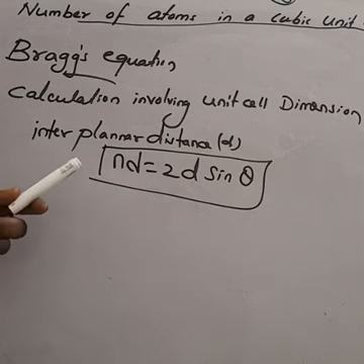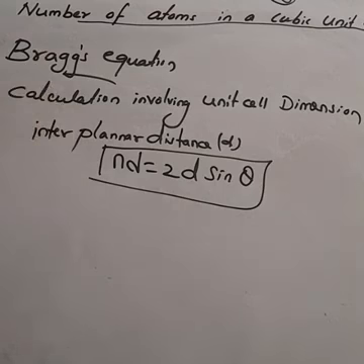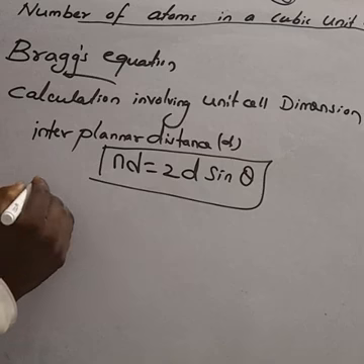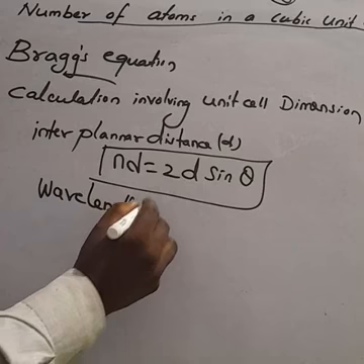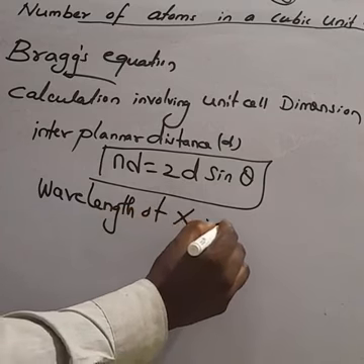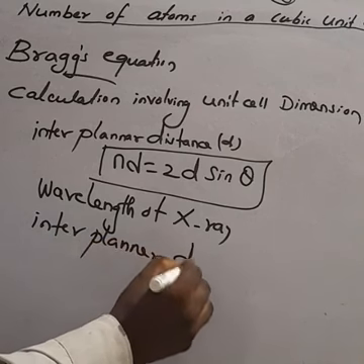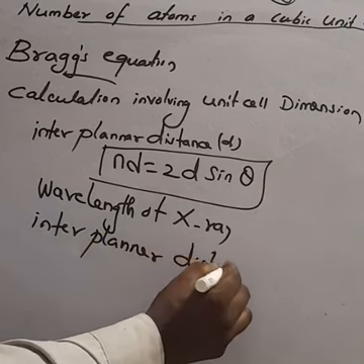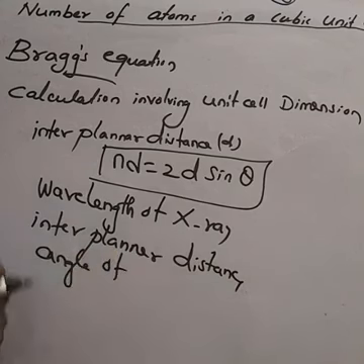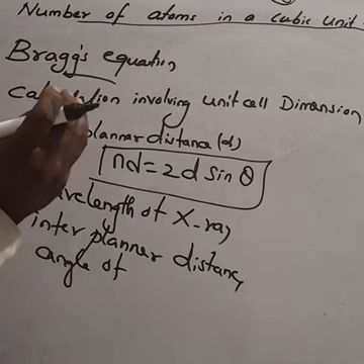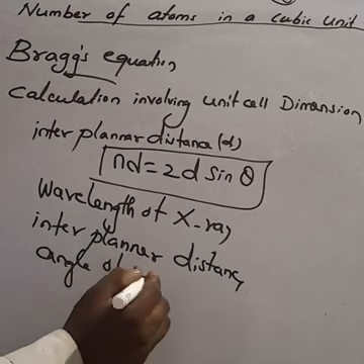That is one relationship between the wavelength of X-ray, the interplanar distance, and the angle of reflection. It is called what? The Bragg equation. Sorry, not the angle of reflection, the angle of diffraction. Okay, sorry, angle of diffraction.